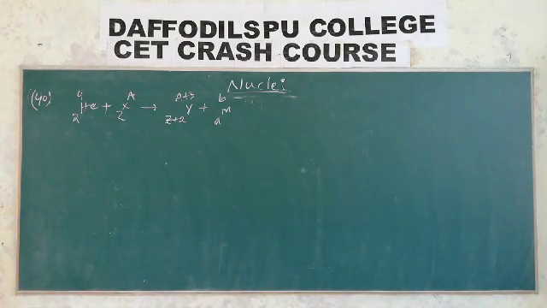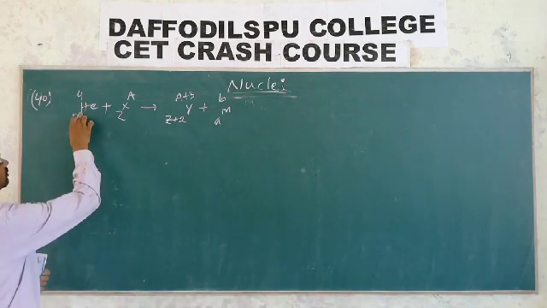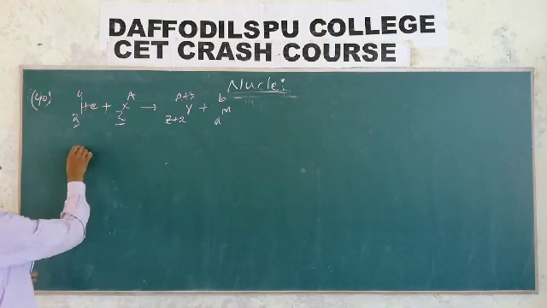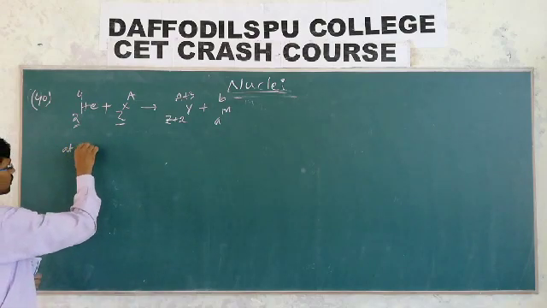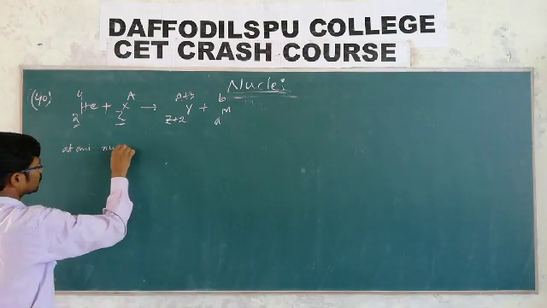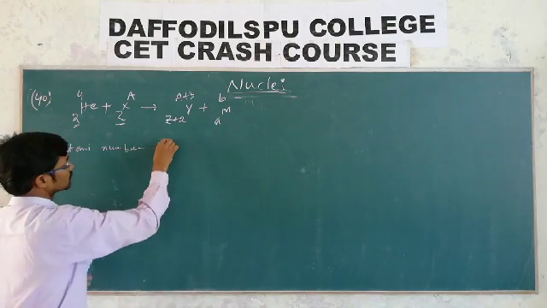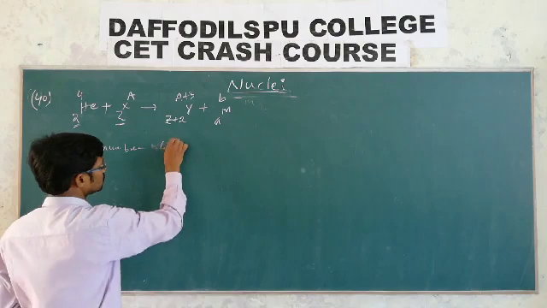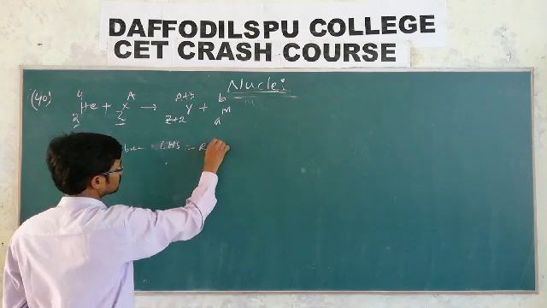When we have a nuclear reaction, the atomic number and mass number of products and reactants must be the same. Now, here 2 is there and here it is Z, so for atomic number, LHS is equal to RHS.